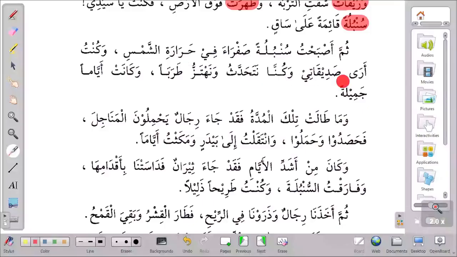Wa kuntu ara sadiqati wa kunna natahaddasu wa nahtazzu taraban. So he says, wa kuntu ara sadiqati, and I used to see my friends. وَكُنَّا نَتَحَدَّثُ, and we used to chat. وَنَحْتَزُّ طَرَبًا, and shake, rejoicingly. The verb here is احتز.